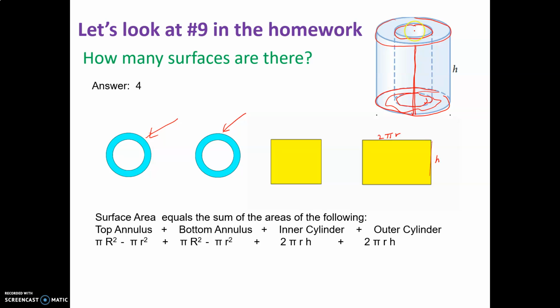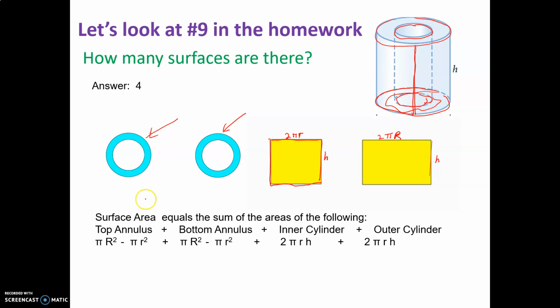So the inside is also a cylinder. If I also cut it, it's also going to be a rectangle. And its rectangle is going to have 2 pi r here and the same h here. Now the radiuses are going to be different. I could make that be a capital R and this one is small r.